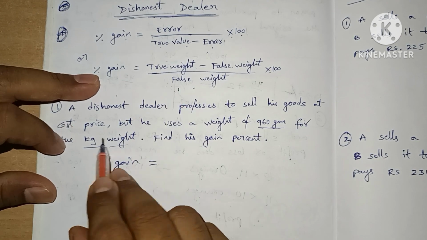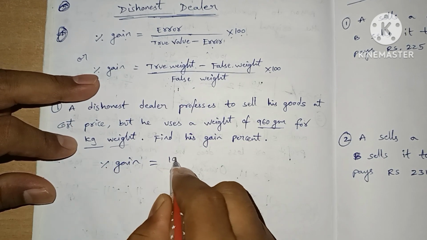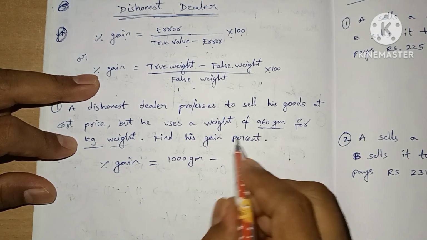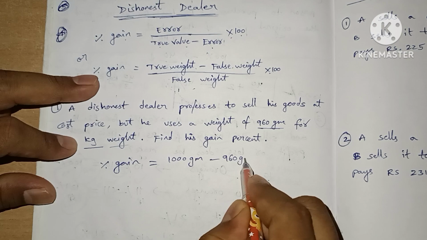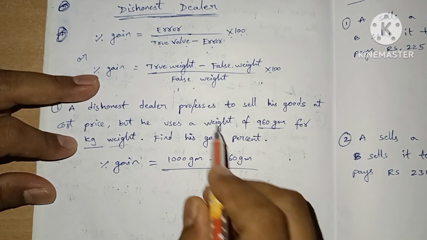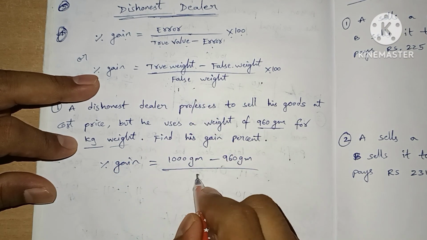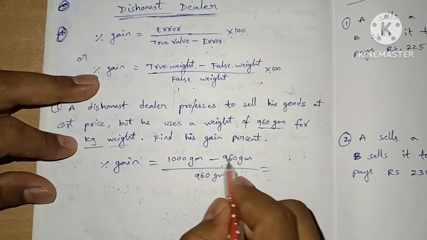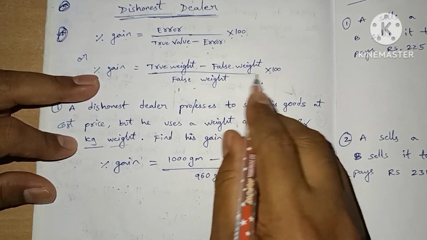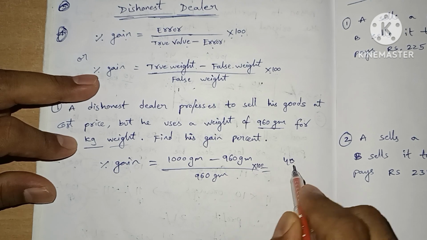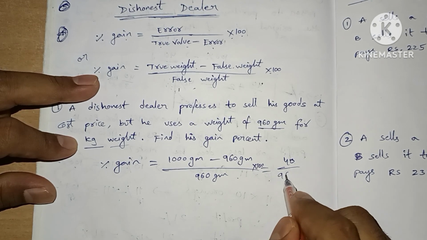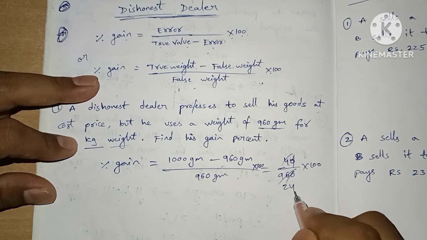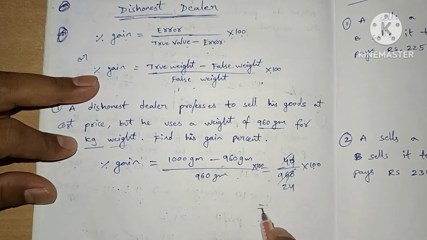True value is 1 kg, means 1000 grams, minus false weight, which is 960 grams, divided by false weight, means 960. So what we get is 40 divided by 960 into 100. 24 times into 100.